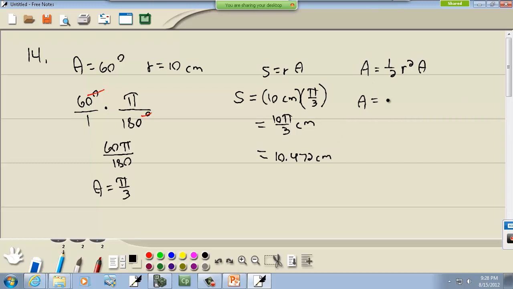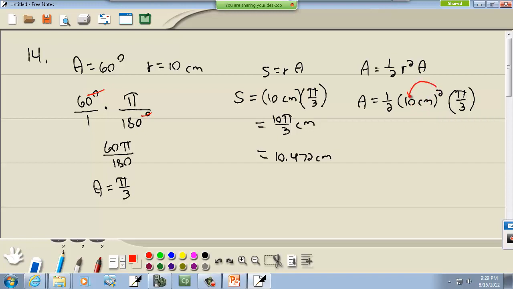And our A. Well, R we just said was 10 centimeters. And theta we said was pi over 3. Now when you got items inside of a parentheses and they're separated by multiplication or division, they don't have to be numbers. You can have anything. See how this is 10 and centimeters right beside it? You can think of this as multiplication. But if everything's multiplication and division inside, you can take everything to that power.